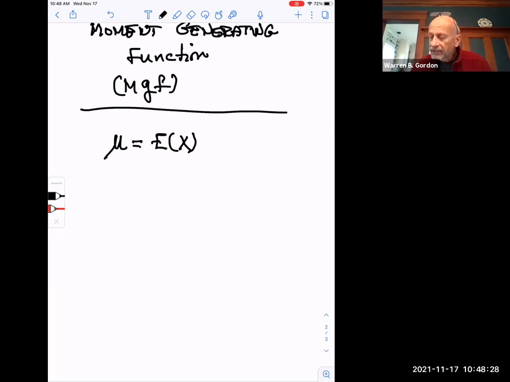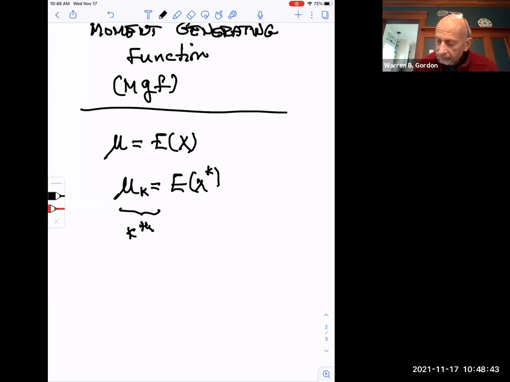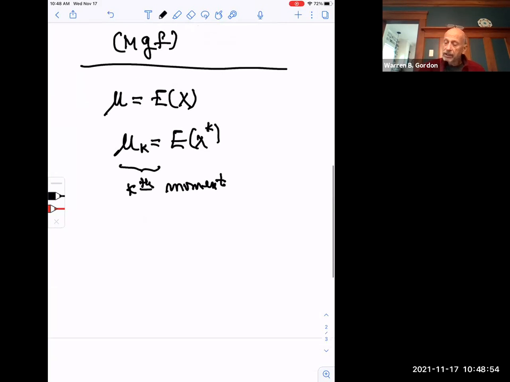Now, for convenience, we're going to define a general moment to be mu sub k, called the kth moment, actually, the kth moment about the mean. The special case, of course, is mu is mu1.